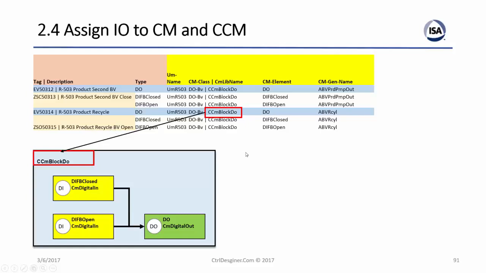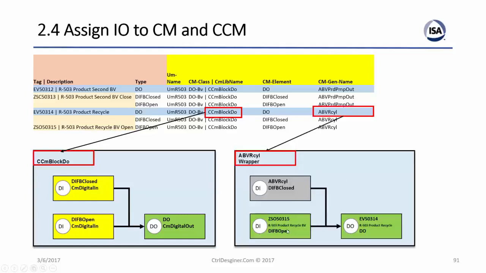Therefore, we select it, and basically we instantiate now these two objects, make a wrapper for ABV recycle. Therefore, this is the second stage of allocating the IO to these CCM objects.